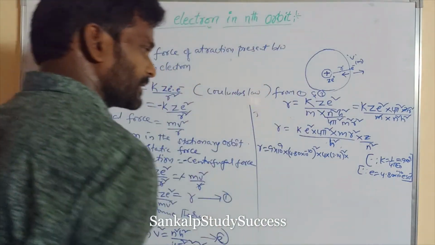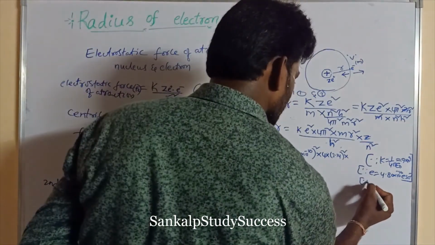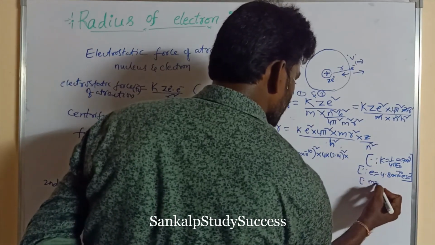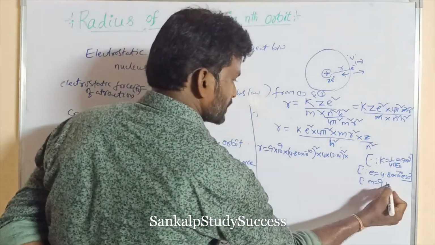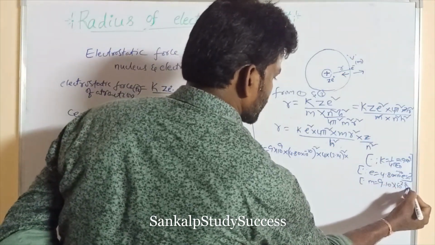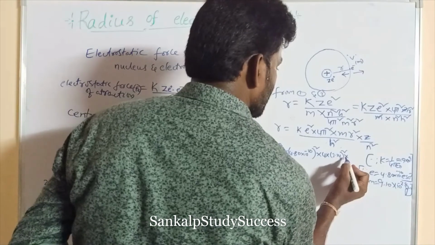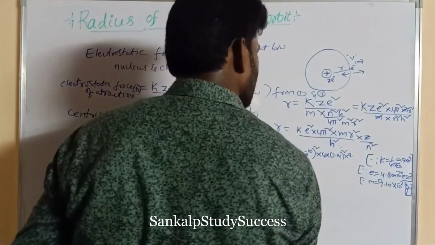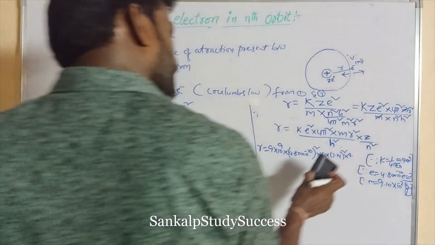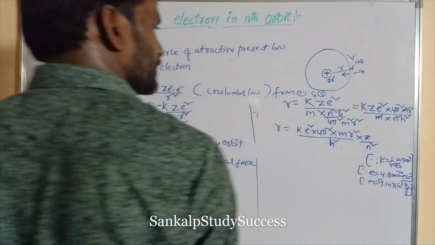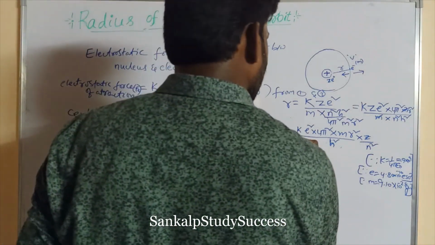So mass of electron m is equal to 9.10 into 10 to the power of minus 28 grams. So here R cancels.